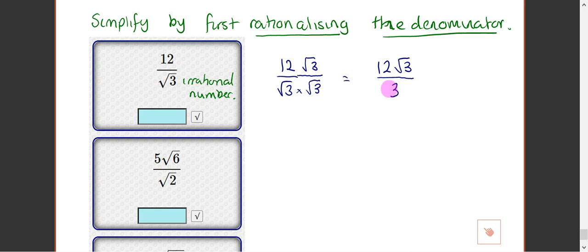Okay? What have I done to the denominator? It's in the title. I've rationalized it. 3 is a rational number. Root 3 is an irrational number. I've rationalized the denominator. Next step is, can I simplify it?